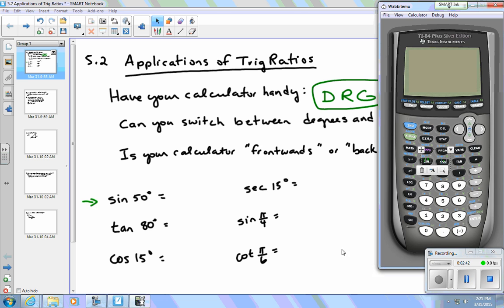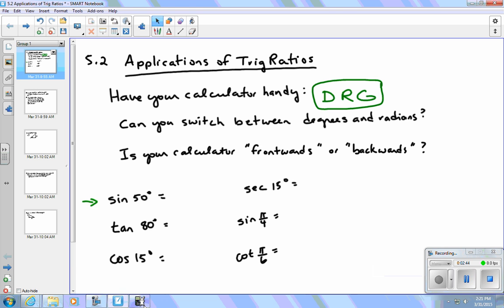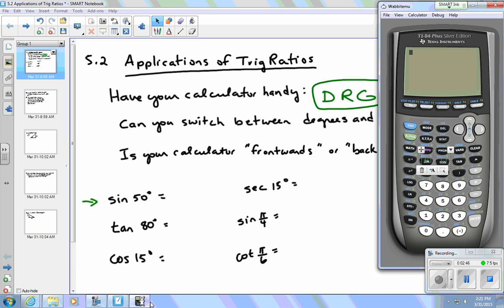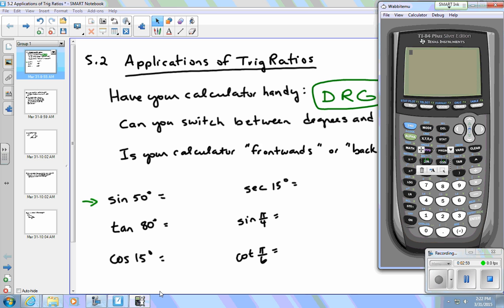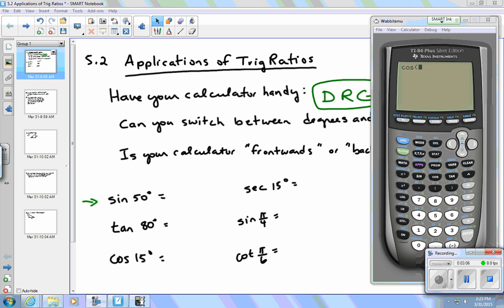Excuse me just a second while I see if I can figure that out. Just going to hit the clear button here. Okay, I'm not really sure what's happening with the calculator here. For some reason, the sine button doesn't seem to be working, but the cosine button is.